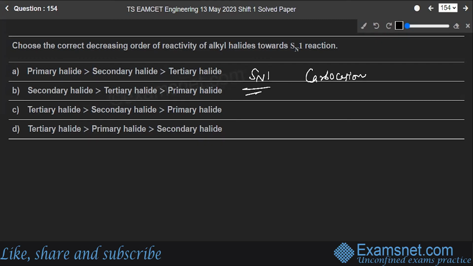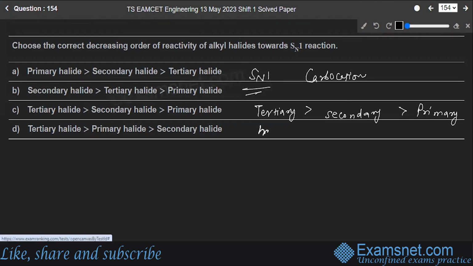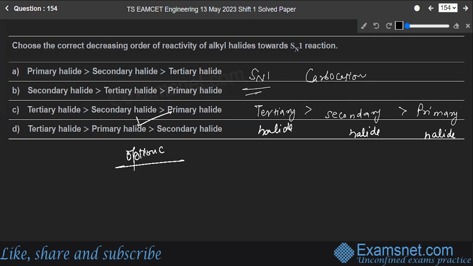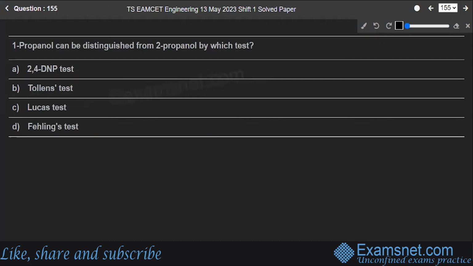The order of stability will be tertiary, secondary, and primary. Therefore, the order of reactivity of alkyl halide is tertiary halide, secondary halide, and primary halide. That is option C. Hope you understood this. Next is question 155.